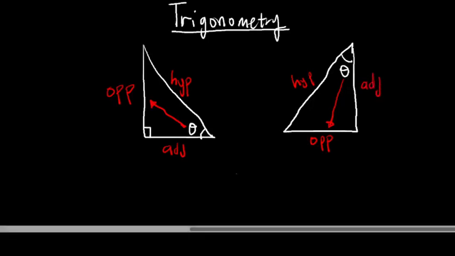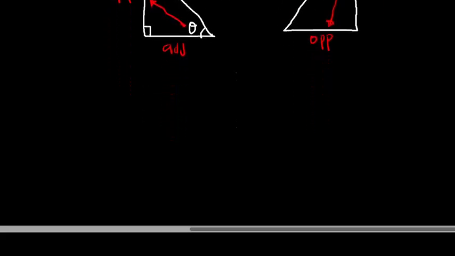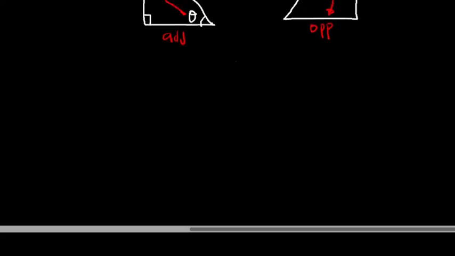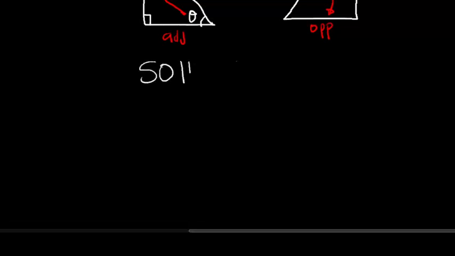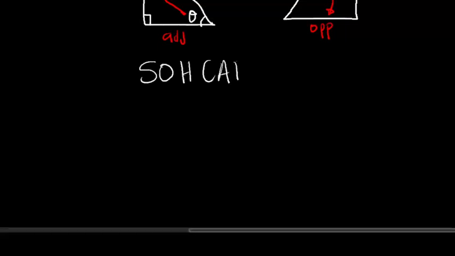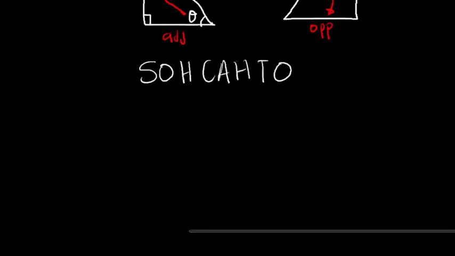Now if this is understood, that means we can now move on to relate these sides to the angle, and that is where we come up with what we call SOHCAHTOA.